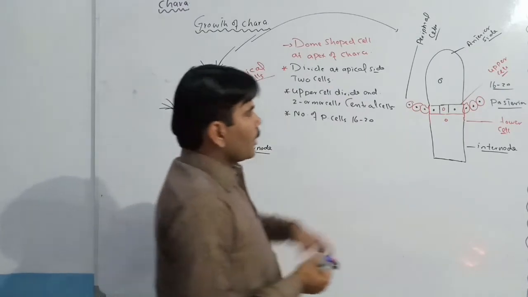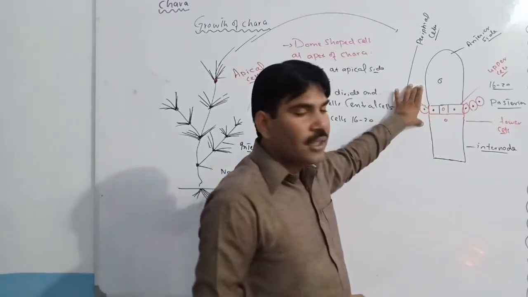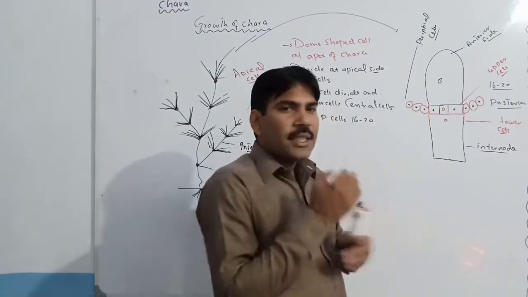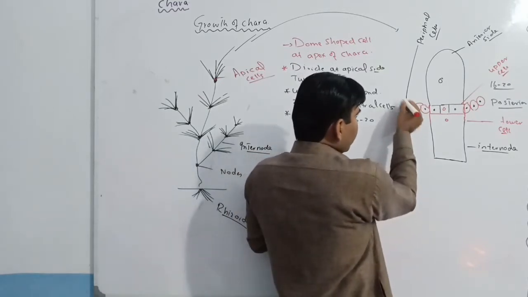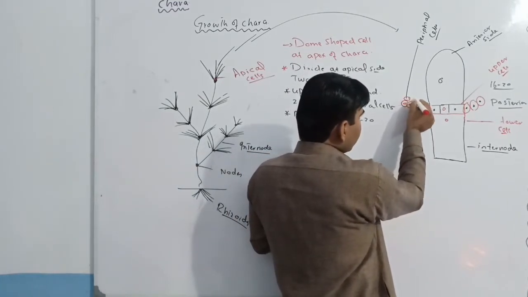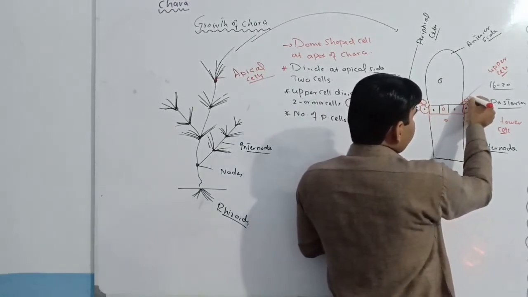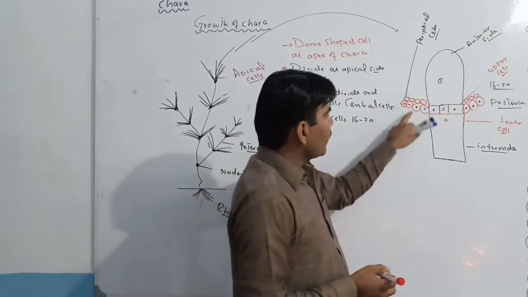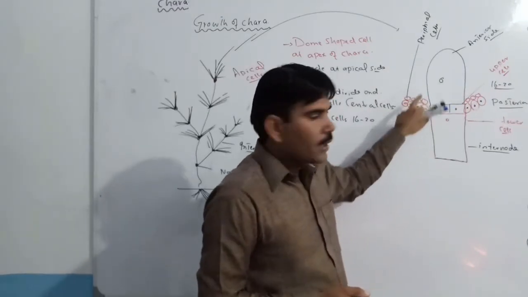These are present at the peripheral region, so that's why these cells are known as peripheral cells. These cells again divide and produce another layer of cells. And these are the cells which are present on the front region or an upper region.